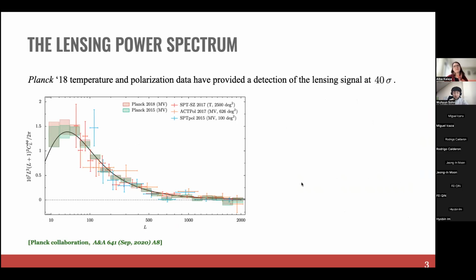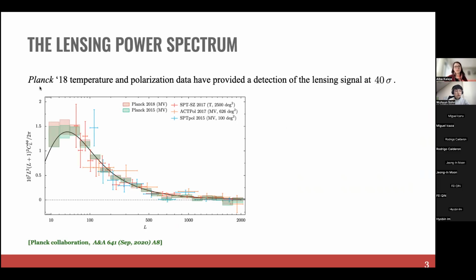If we assume that the lensing potential is Gaussian, then we can say that the power spectrum describes all its statistics. And under this assumption, the power spectrum has been detected.